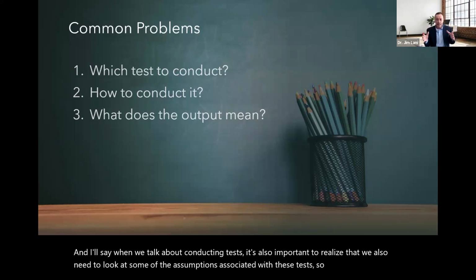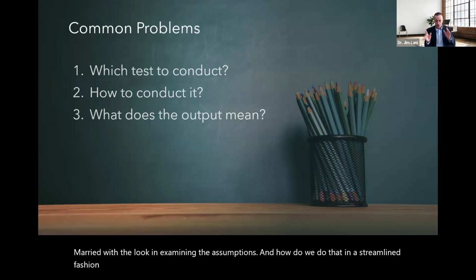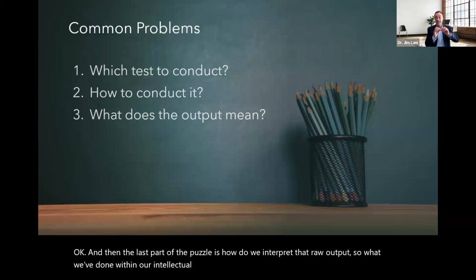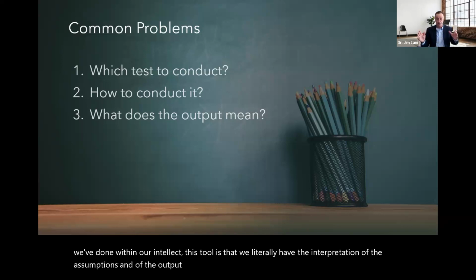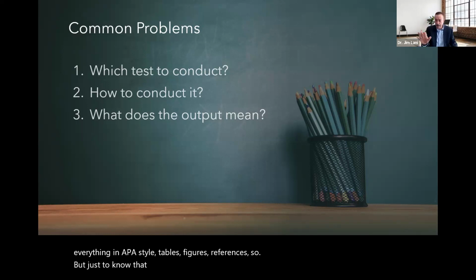So how do we conduct and examine the assumptions in a streamlined fashion? And then the last part of the puzzle is, how do we interpret that raw output? Within our Intellectus tool, we literally have the interpretation of the assumptions and of the output in plain English prose. And then as cream on the cake, we put everything in APA style: tables, figures, references. Many people get stuck with those questions.